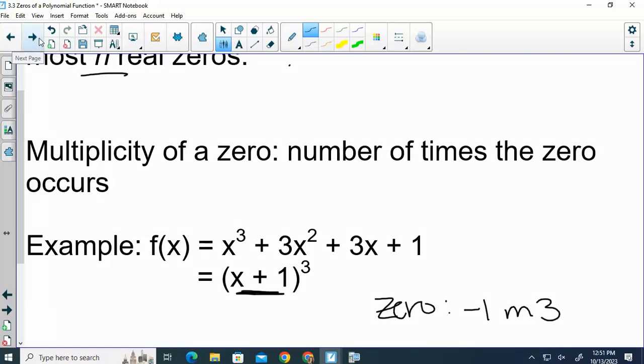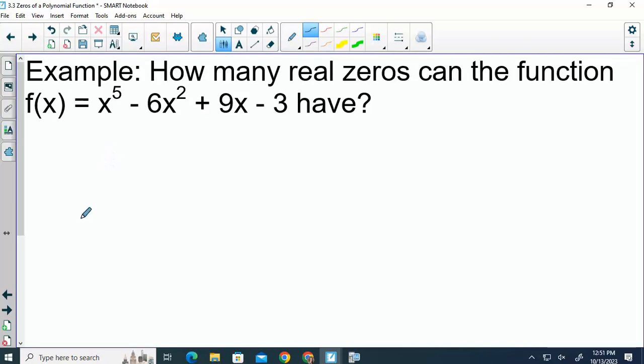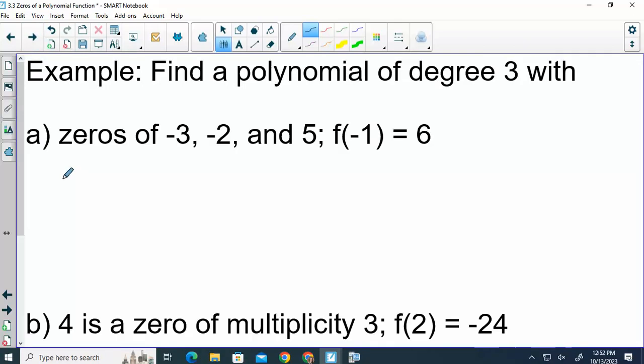So if I asked you, how many zeros can this function have? 5. It's guaranteed to have 5 zeros. Not all of them have to be real. So we have at most 5 real ones, but a total of 5 if you count real and imaginary. Let's say I asked you to find a polynomial to meet these specifications.